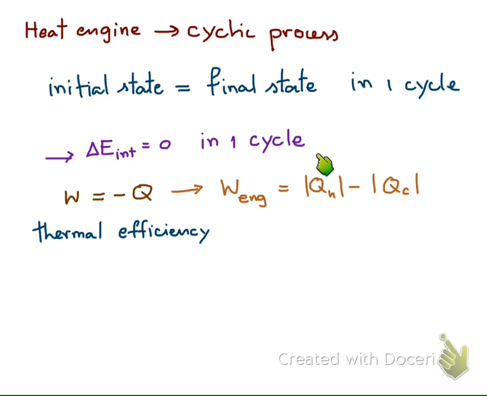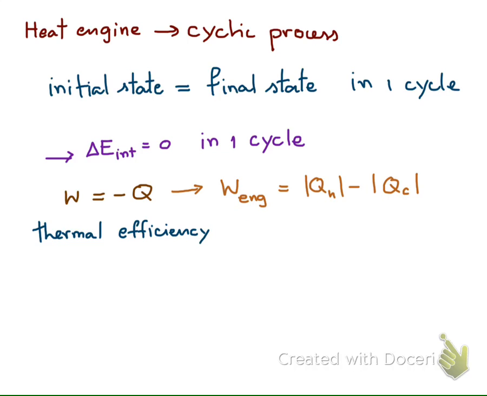These two terms give the net heat that enters the engine. This is the input heat, and this is the waste that leaves to the environment. So the net heat is equal to the work done by the engine.